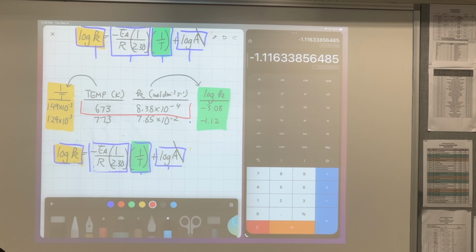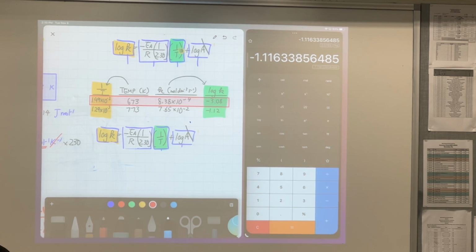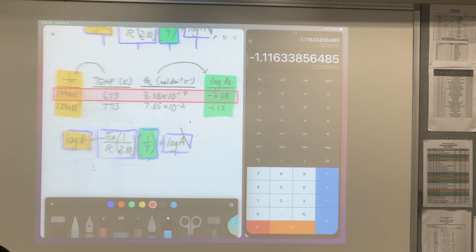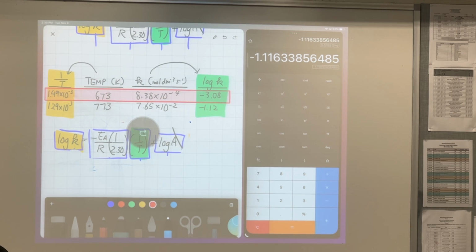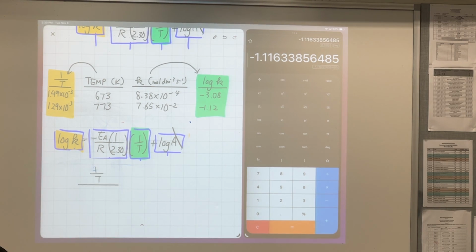So we have the first set of data. You can now write log K. I'm sorry, I think I flipped the colors around. So this should be green and this should be yellow. Let me just fix this real quick. I don't want you to be confused later when you do revision. So give me a moment.